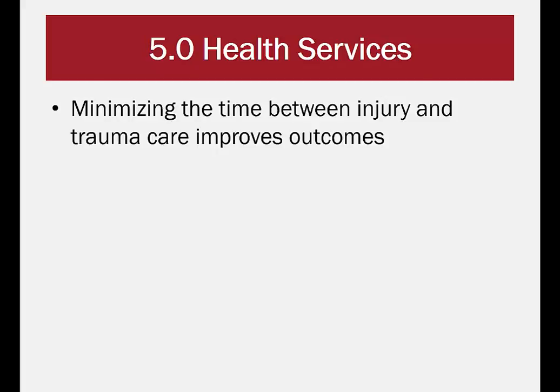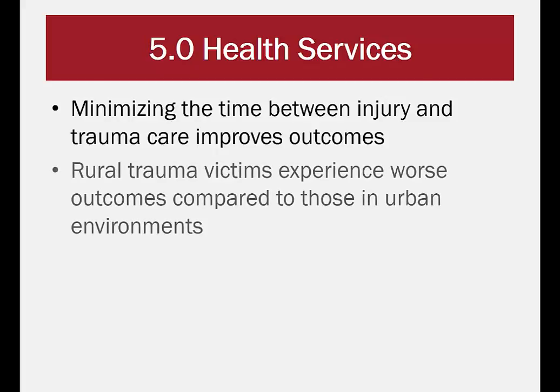Evidence suggests that rural trauma victims experience worse outcomes compared to those in urban environments. Overall, persons injured in rural environments are nearly 50% more likely to experience a fatal outcome. Canada has particularly unique considerations for trauma care access due to its geographic variation, substantial landmass, and wide population distribution.